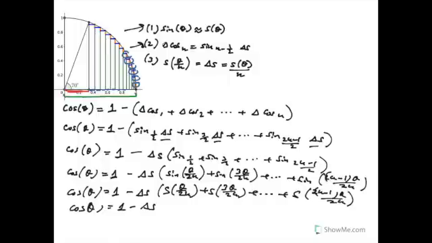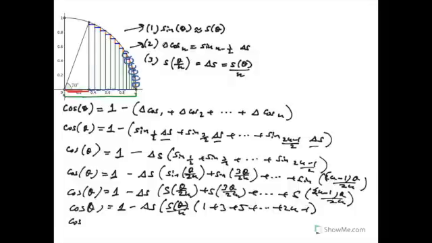For instance, I can factor out from each of these expressions an s theta over n. I could even put the over n here. And I end up with just 1 plus 3 plus 5 up to 2n minus 1.